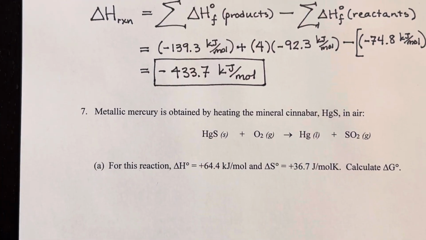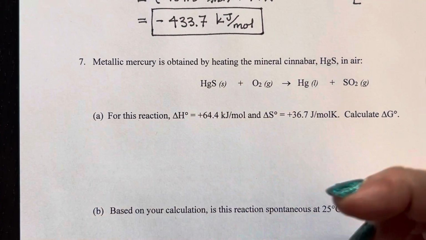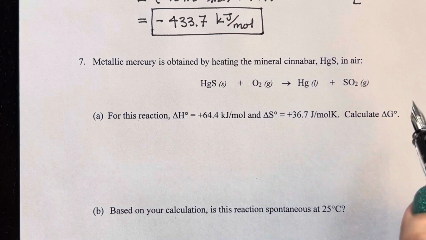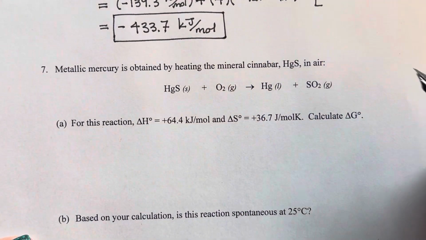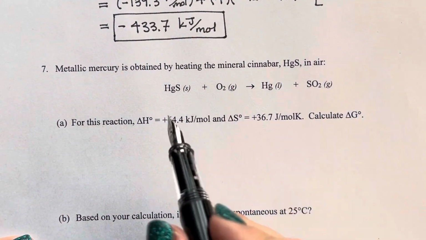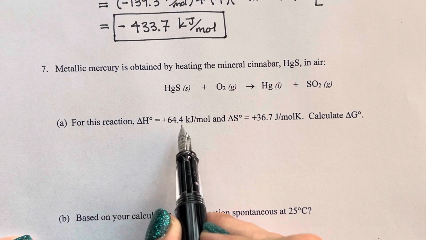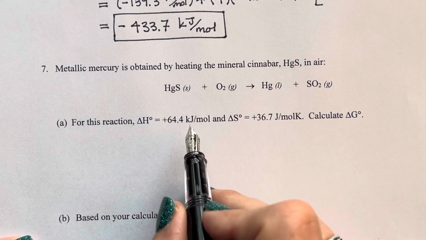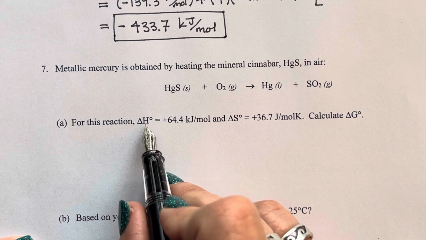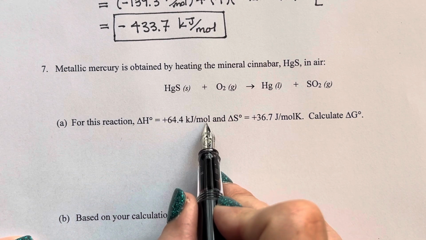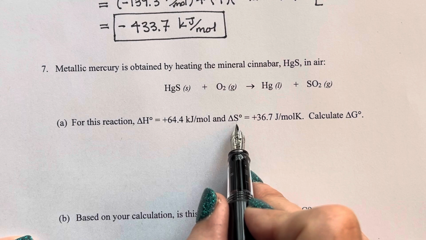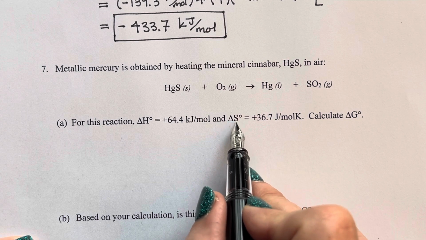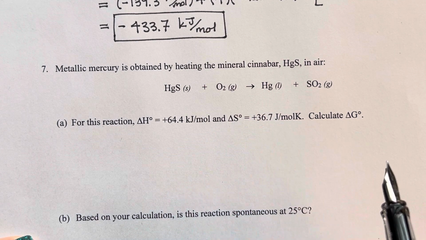Alrighty. Now let's do a calculation that is delta G. We've got Gibbs Energy, and we have enthalpy that's given, and we have entropy that's given. So notice that the units of enthalpy are kilojoules per mole. Those that are standardly given for entropy are joules per mole Kelvin.